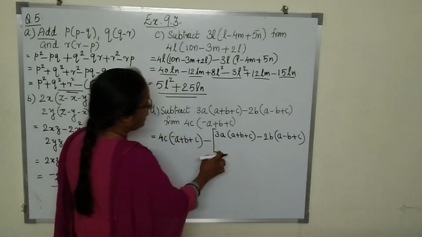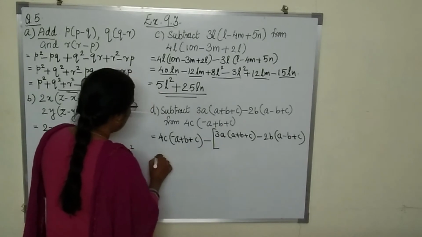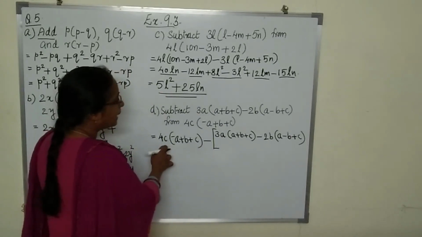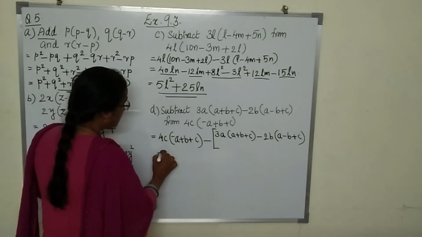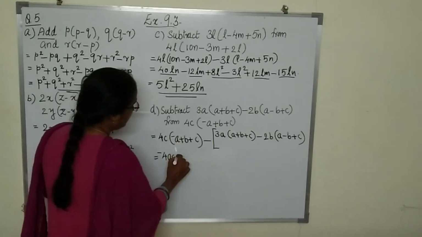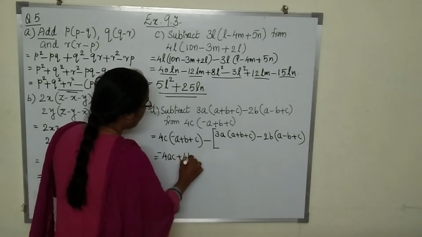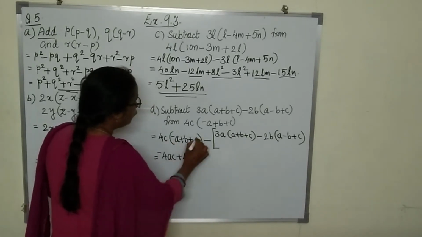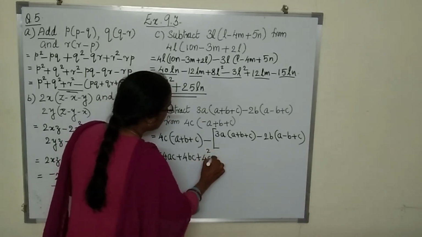So first we will find out this bracket. You can open this bracket and then these two. Let us multiply: minus 4ac, because this a is minus, plus 4c into b is 4bc. 4c into c is 4c square.